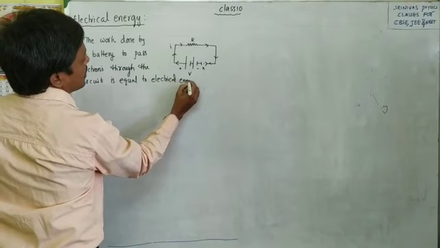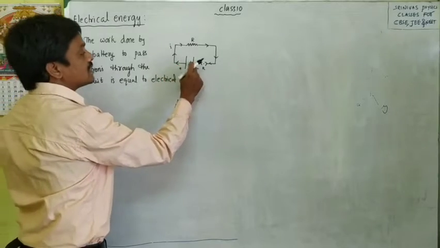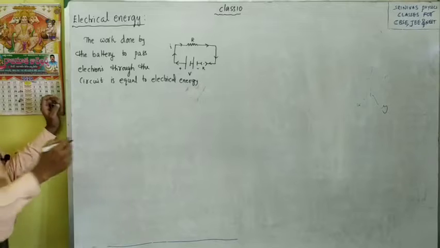The battery has chemical energy that will convert into electrical energy, and that will convert into current. Current energy is the electrical energy.